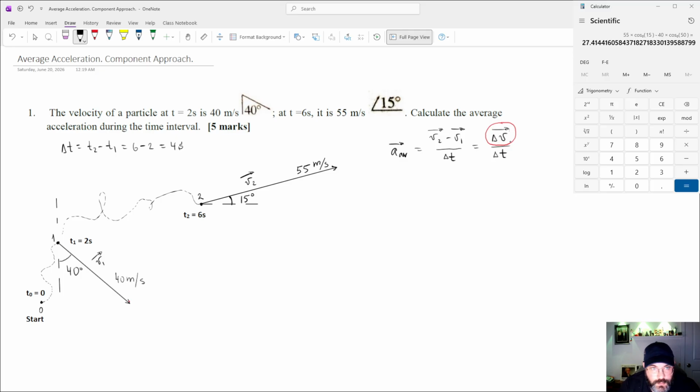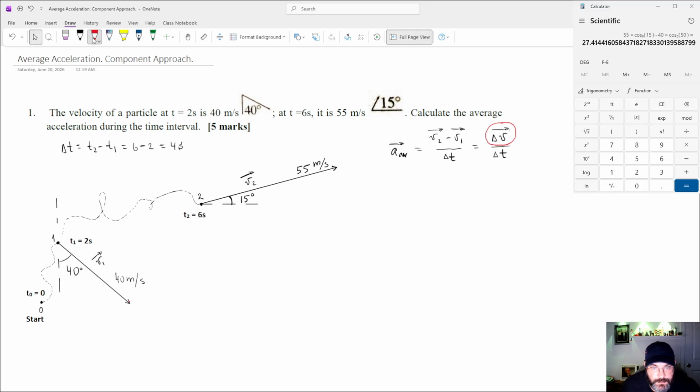Now we are going to apply a component approach. We are going to split our vectors along horizontal and vertical directions, calculate the components of delta v, and then using those components, we are going to recreate that vector, adding them up.